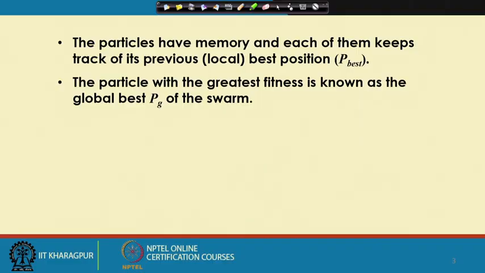If it is a maximization problem, the set of design variables which gives the maximum value of the objective function will be considered as the globally best. I will take some numerical example to make it clearer. But before that, we try to find out the best position, that is the P best, and also the globally best position, that is the P g.